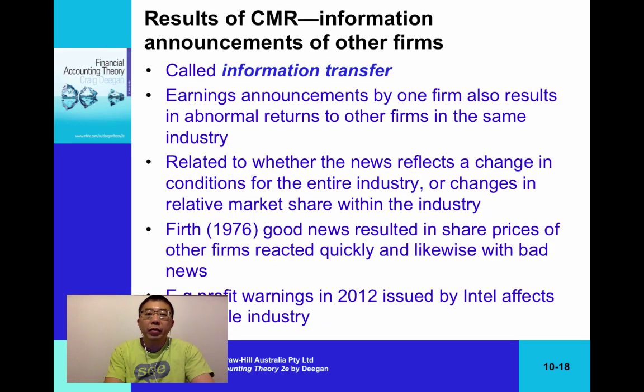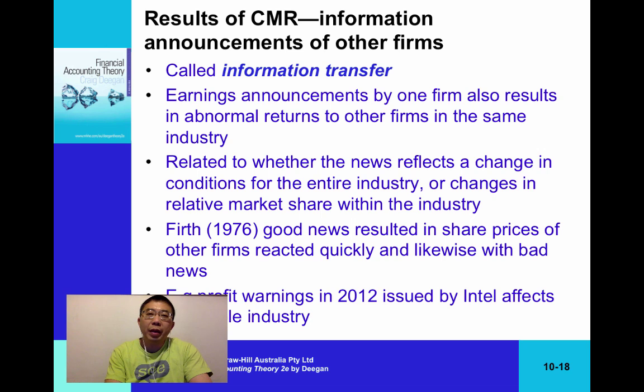The next group of results involves studies done on information announcements of other firms. These studies are called information transfers, and they study whether earnings announcements by one firm could have an impact on the abnormal returns of other firms within the same industry.